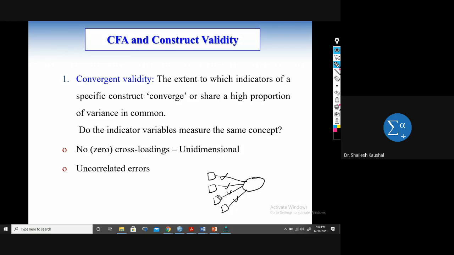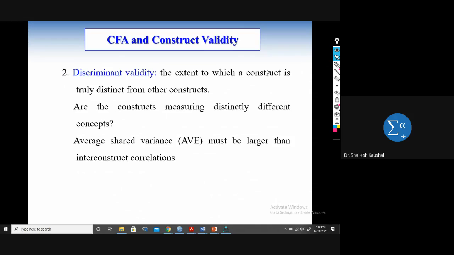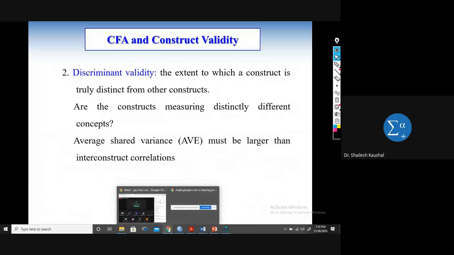Questions of the same nature we take in this factor, and questions of the same nature in another factor. Discriminant validity is the extent to which a construct is truly distinct from other constructs. If you are taking four constructs, all four constructs should be different.